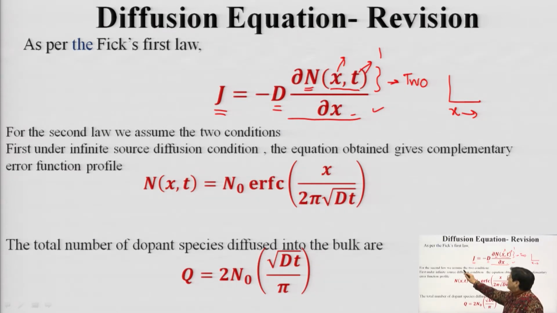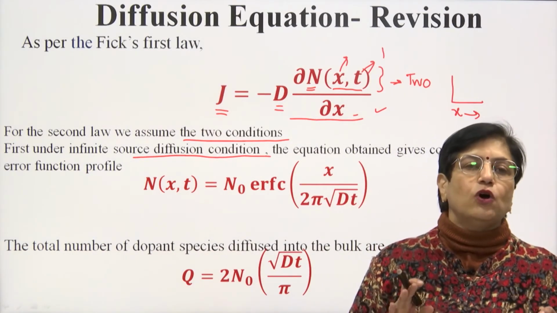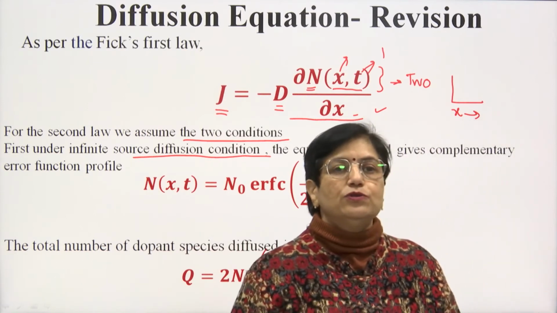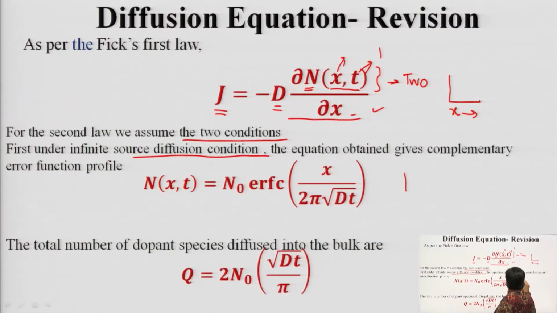In the second law we considered two conditions. In the very first condition the source was present continuously, that means we saw constant source diffusion. With the availability of the source, the diffusion was happening and this diffusion profile was given by the complementary error function.